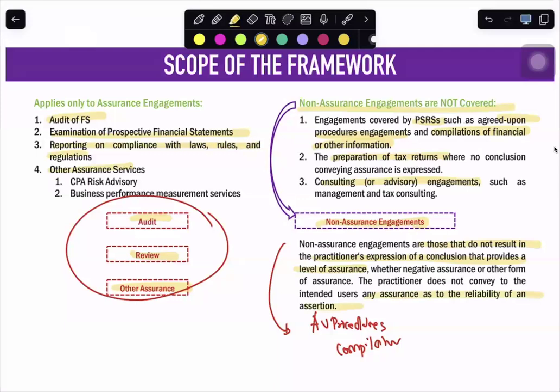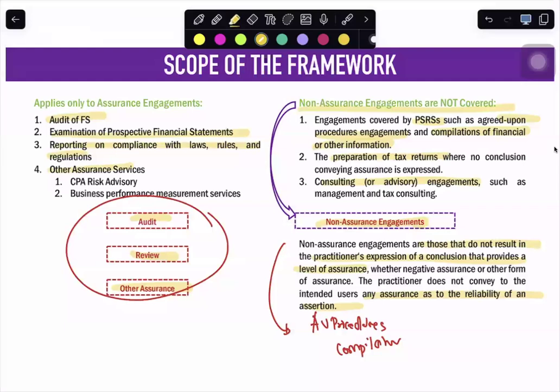So again, for non-assurance, there's no assurance at all because you are just preparing a report. However, for assurance, you provide a conclusion because you look into the subject matter information and its degree of correspondence to a criteria, and therefore, you lend credibility over that subject matter or that particular information.